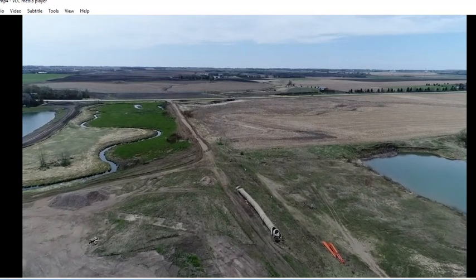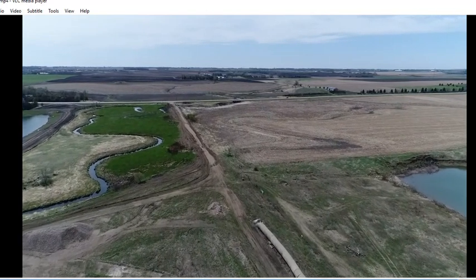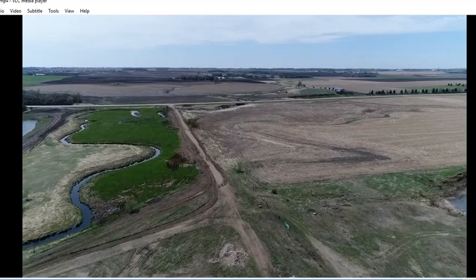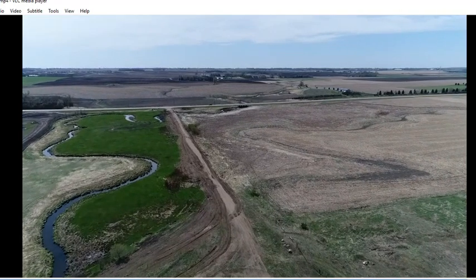This portion is located approximately 1 mile to the west of Ellis Road, heading towards 12th Street.